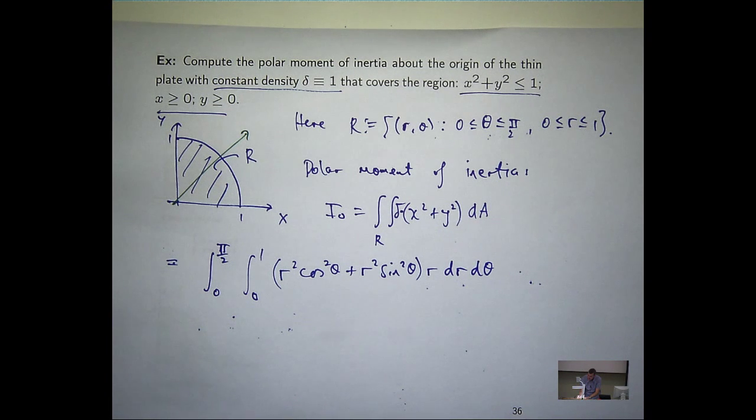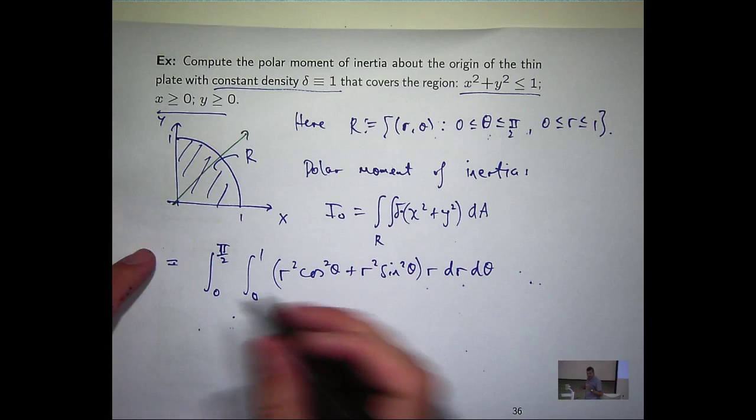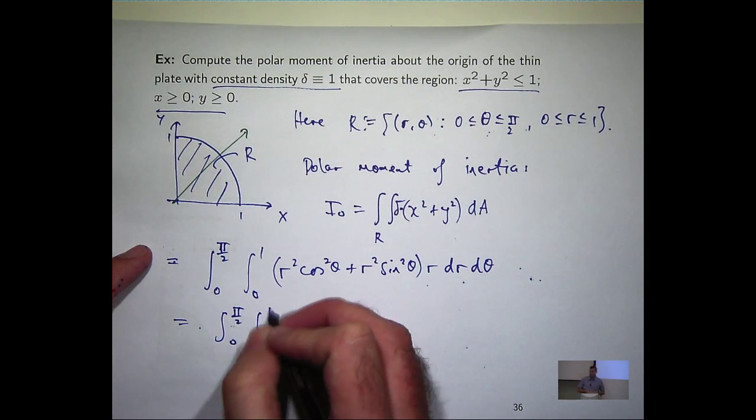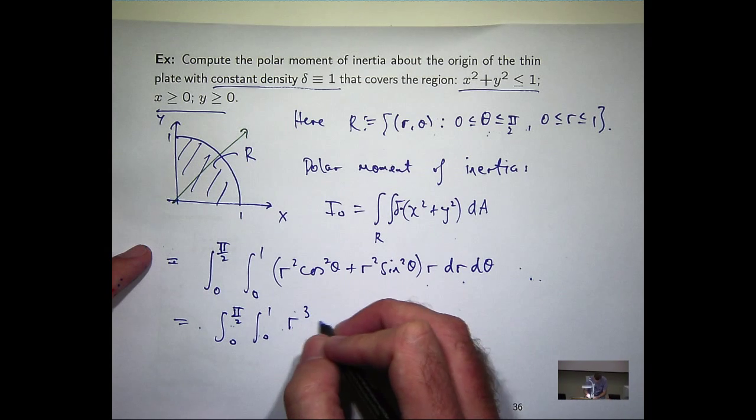Hopefully you can see how the change of coordinates is going to really simplify that. The x squared plus y squared simplifies massively, and I'm just left with a fairly reasonable integration. So cos squared plus sine squared equals 1, so I'll get r cubed dr d theta.